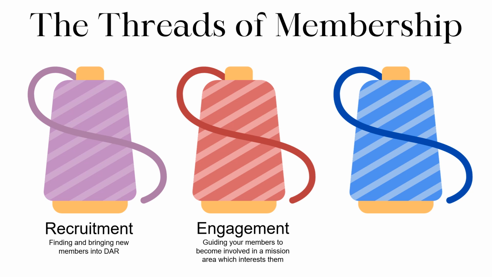With engagement, you are creating opportunities for your members to become involved in a DAR mission area which interests them. The third thread of membership focuses on member retention. Retention activities include implementing practices that are aimed at keeping members interested in DAR.